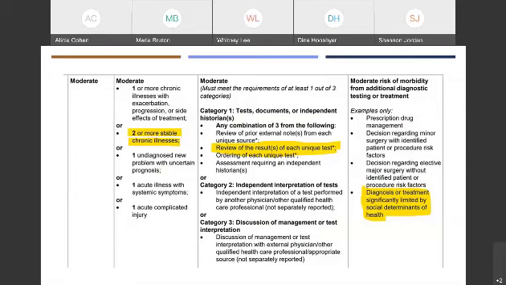The provider refers the patient to nutrition counseling and the social worker. So based on the AMA table for medical decision-making, the MDM elements, this visit coded as shown in the table above would be at an outpatient office visit level of 99214.